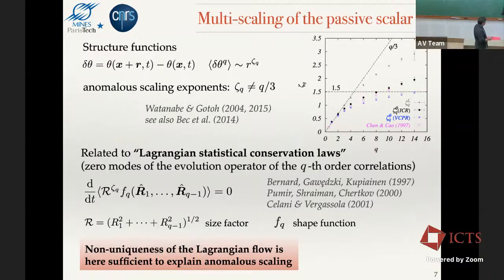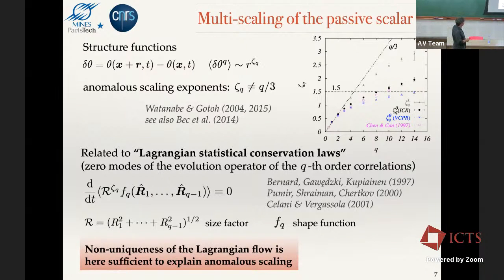Just to remind you, Q/3 is the self-similar scaling, Kolmogorov 1941. The small black triangles are the exponents of the velocity structure functions, the ones you measure from the turbulent flow. The colored things are measured for the passive scalar. What you see is that the passive scalar is much more intermittent than the velocity field. So the deviations are clear.